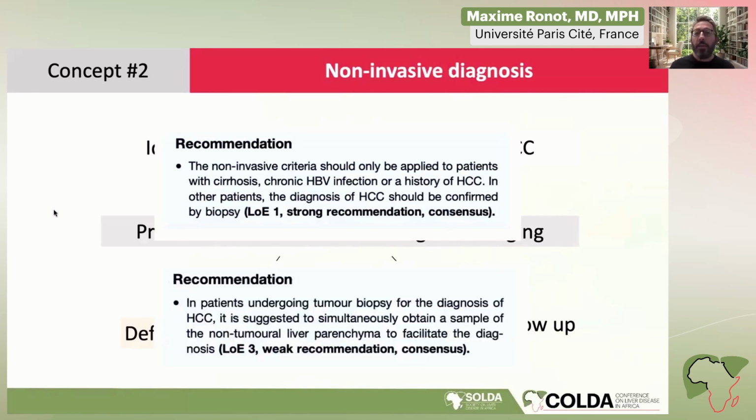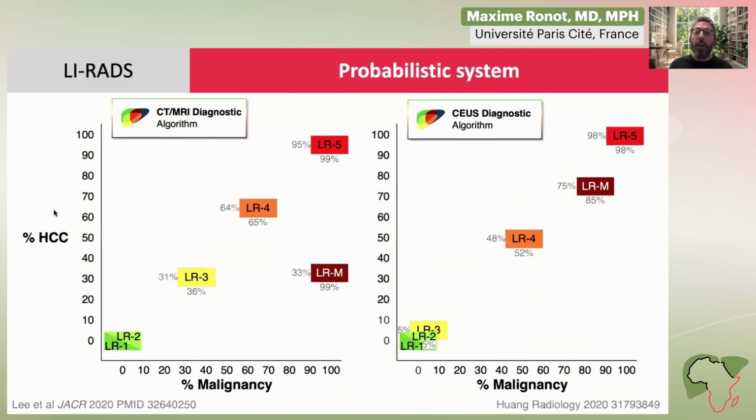And that's why, as a side note, the CPG recommends the use of tumor biopsy anytime it is necessary: low-risk patients or atypical imaging presentation. And this system works quite well. We have studies showing that there is an increasing probability of malignancy with increasing categories of risk.